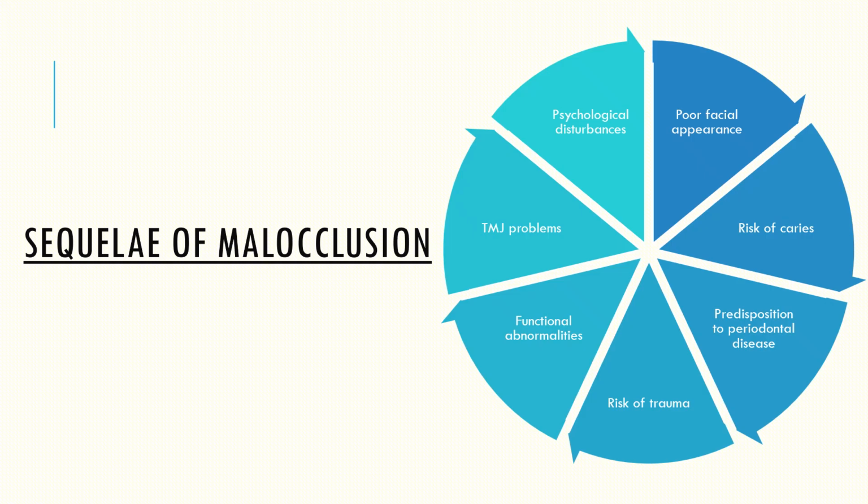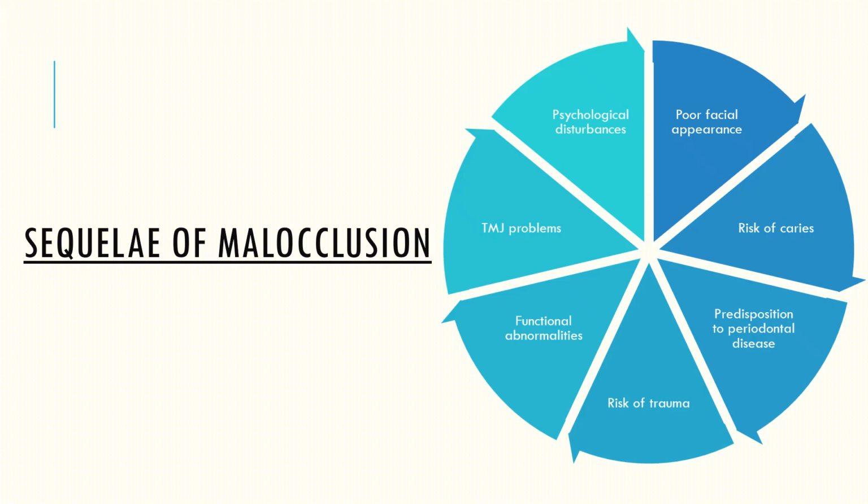Abnormal functions. Malocclusion affects the normal functions of the stomatognathic system, such as deglutition; there are defects in speech, and improper respiration. For example, mouth breathing.